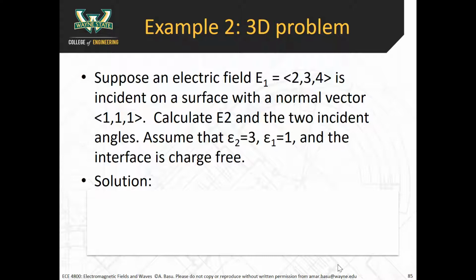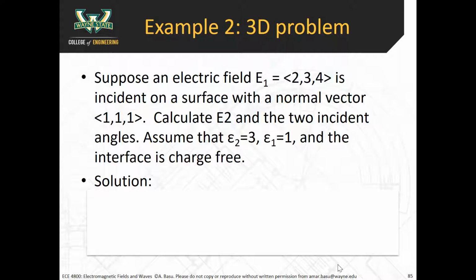Well, let me just put it another way. The first thing you want to figure out, I'll label this: find the normal and tangential components of E1. So we want to do E1N and E1T.